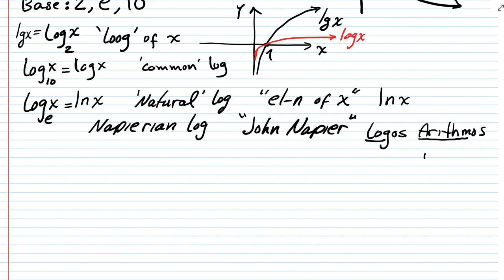Arithmus means arithmetic, and logos here means ratio. Arithmetic or numbers in this case. So logarithm, put together logos arithmus, means ratio of numbers. That's what the literal meaning of logarithm is. Ratio of numbers. And it had to do with the approach Napier took in developing the idea of logarithms.